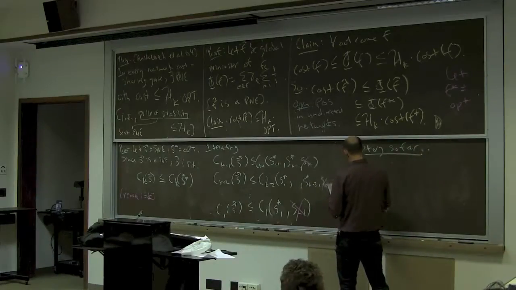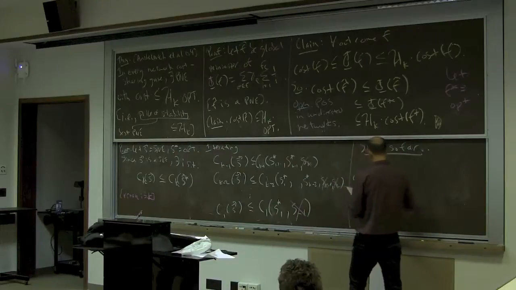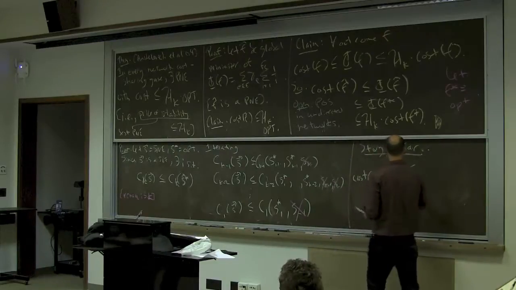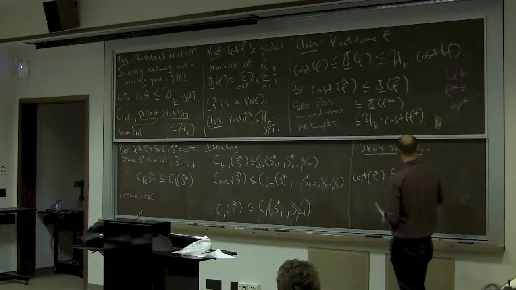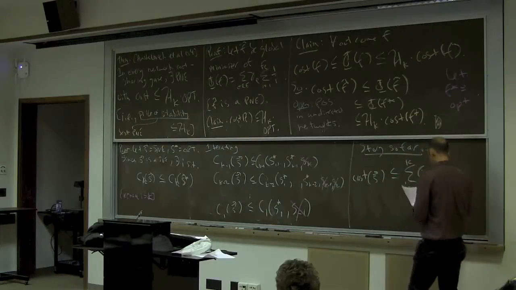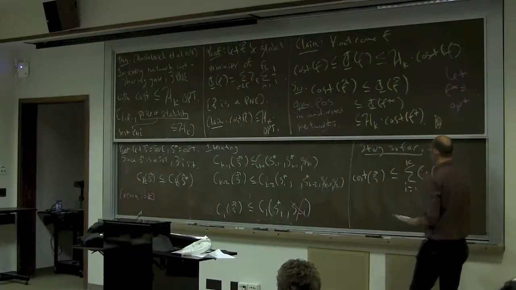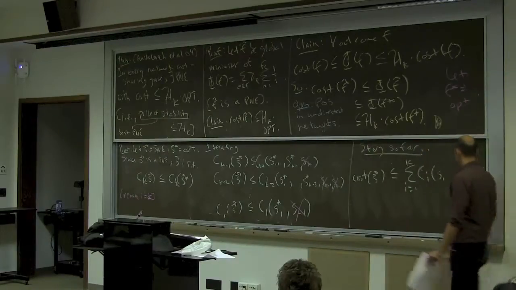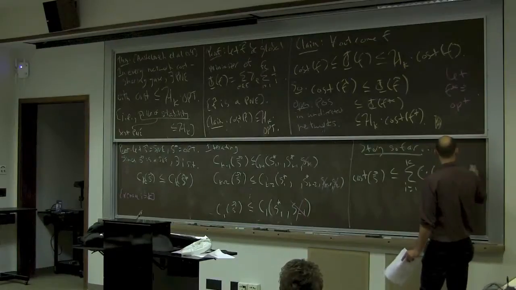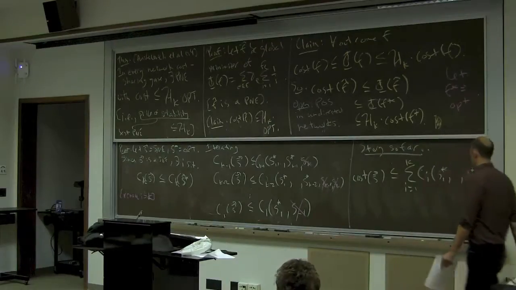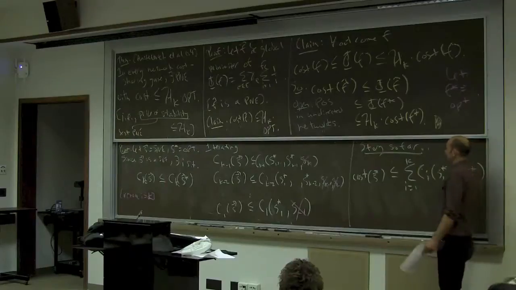We get that the equilibrium cost is bounded above by the sum over the players of the cost share that player i would experience if the entire world consisted only of the first i players and all of them were playing according to their optimal strategies. Okay? That's where we stand.